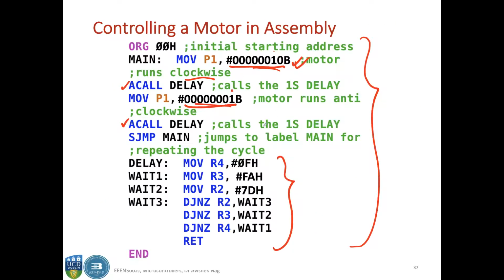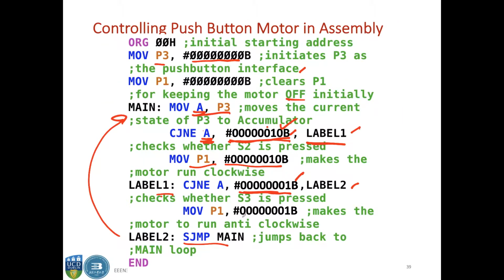If the otherwise happens, when you are comparing with this number and it is equal, then it will go to the next line and move this number to P1.